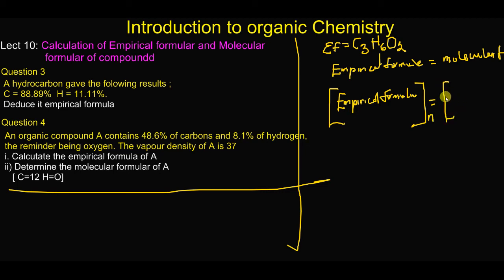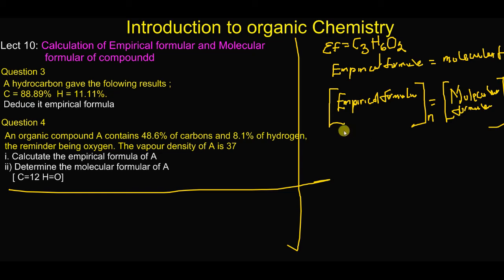Several empirical formulas will give us the molecular formula. Remember we said that the molecular formula shows us the actual whole number ratio of the atoms of the elements within the compound. So basically, several empirical formulas put together will give you this.